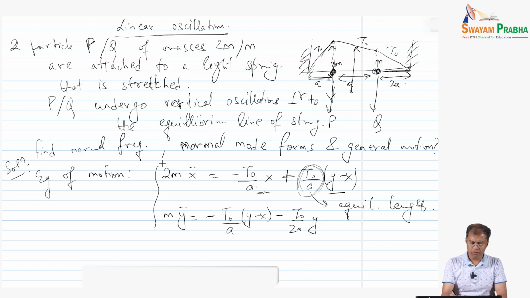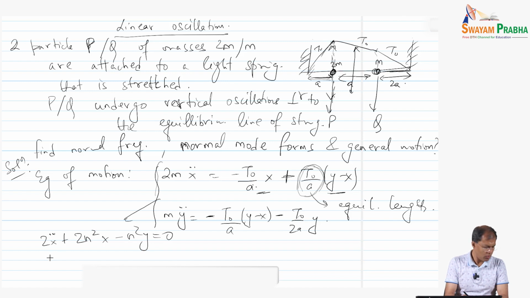Okay, and then all we have to do is to start introducing some common terms, reduce the number of parameters, and look at the system in the reduced form. So we can again write this equation in this form. So 2x double dot plus 2n square x minus n square y is equal to 0, and 2 times y double dot minus 2n square x plus 3n square y is equal to 0.